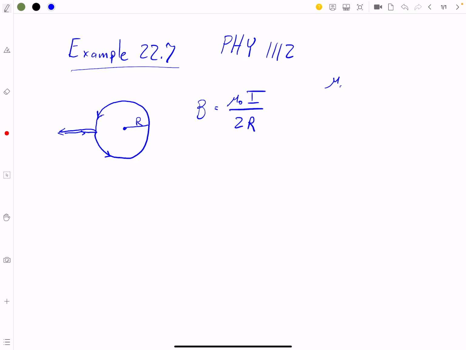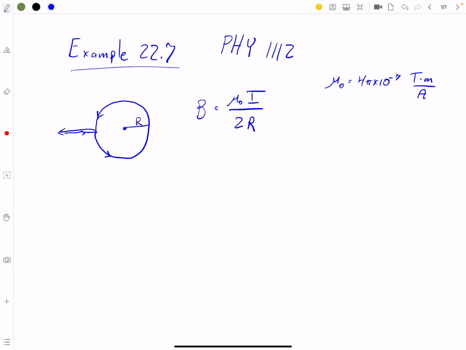And let's remember what mu naught is equal to. Mu naught is equal to 4 pi times 10 to the minus 7. And what are the units on that? They have to be, in the end, Tesla meters per amp.